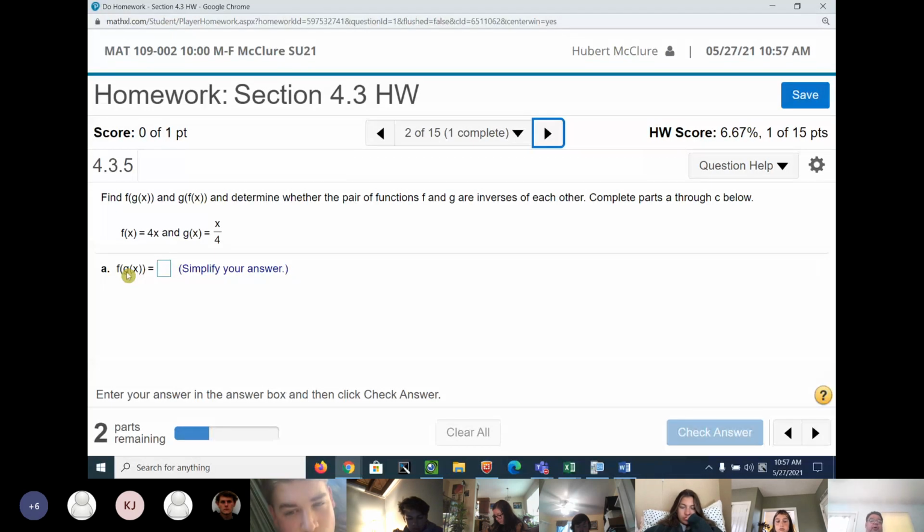So let's do g composed of f and f composed of g. f of x is equal to 4x. And g of x is equal to x over 4. Okay, we're going to do g composed of f and f composed of g. And let's see what happens.